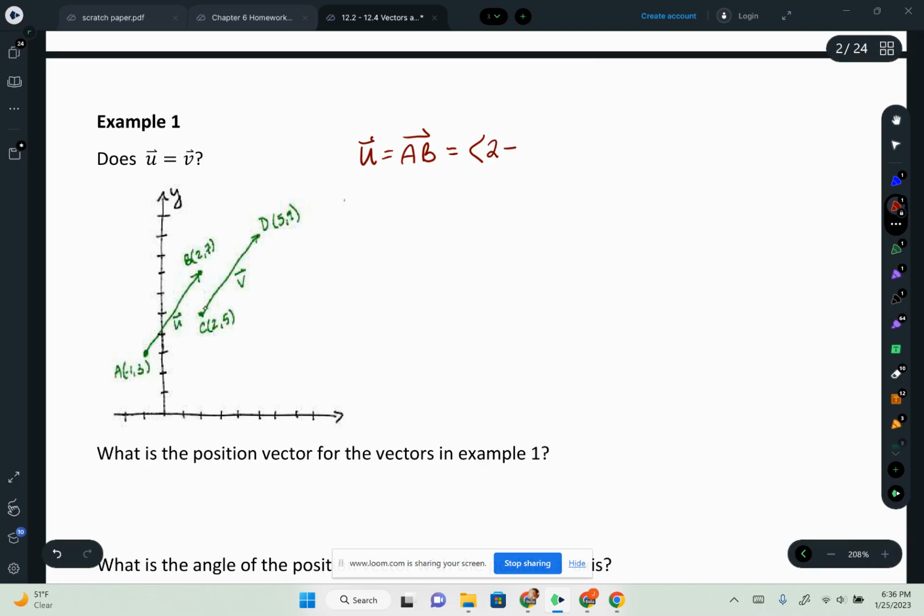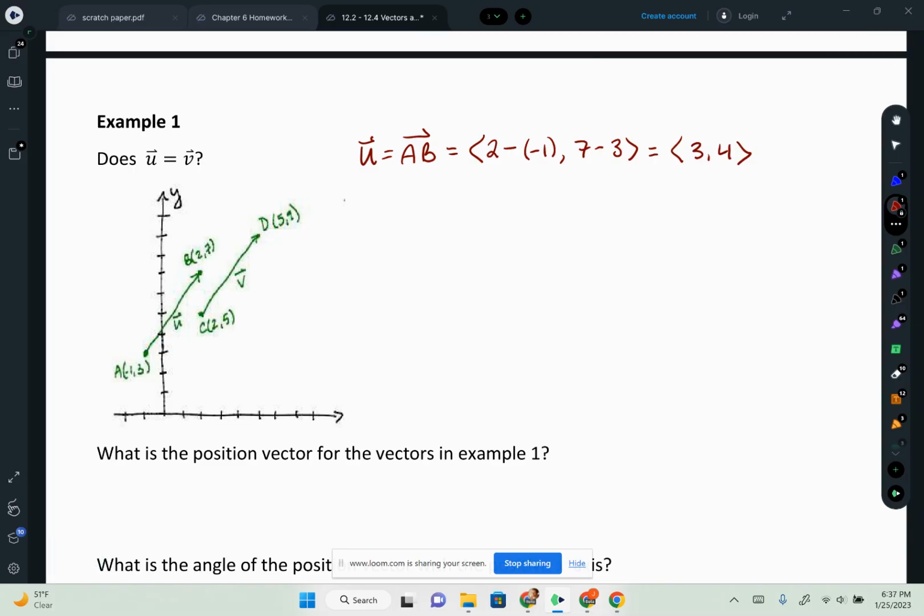I'm going to subtract the leftmost x value, which is -1. That's coming from my A. And then I'll go to my y component, and I'm going to take the 7 that's in the B point and subtract the 3 from the A point. And this is going to leave me a vector with components of 3 and 4.